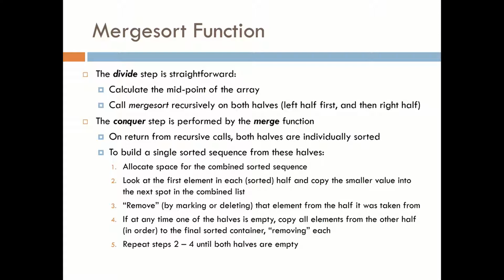If at any time one of the halves is empty, we simply copy all remaining elements from the non-empty half in order to the final sorted container, removing each from the remaining list. And then we repeat steps 2 through 4 until both halves are empty.